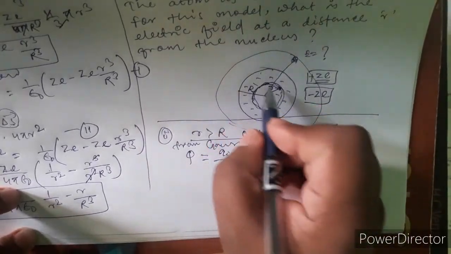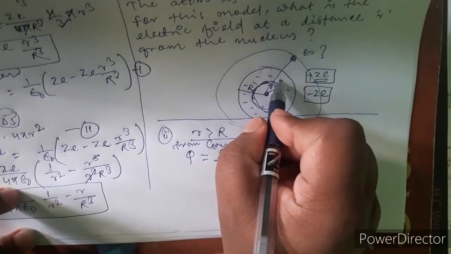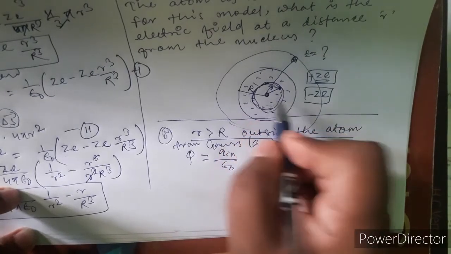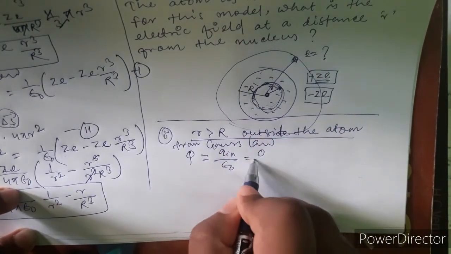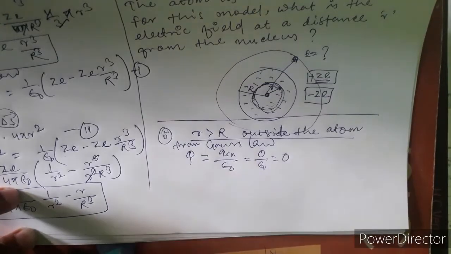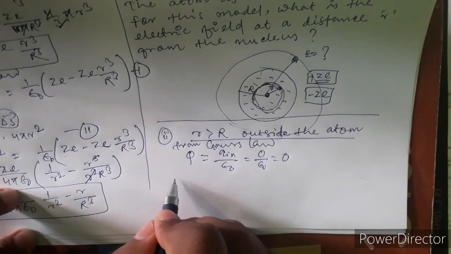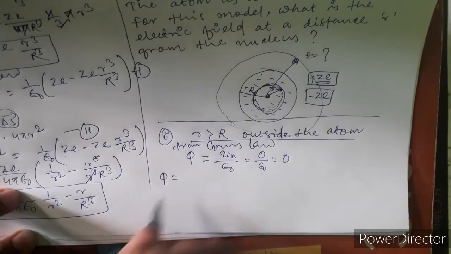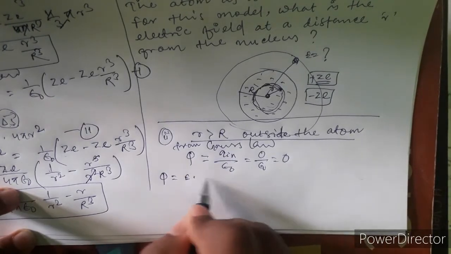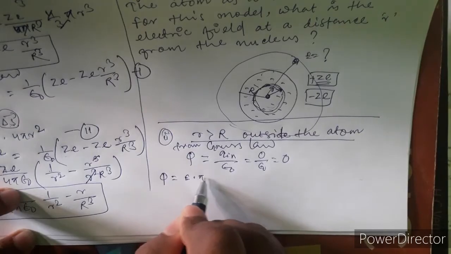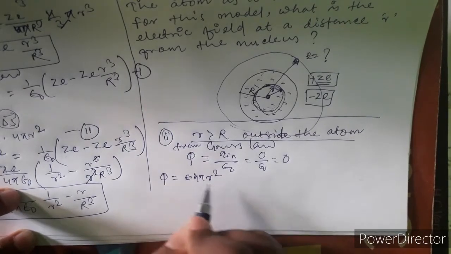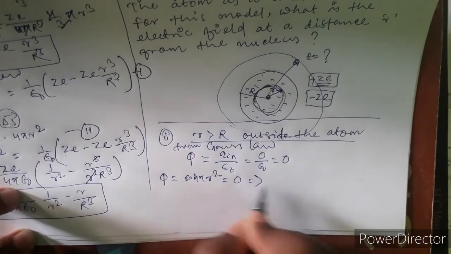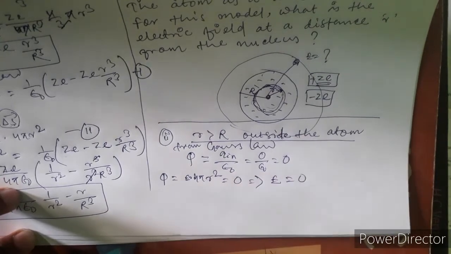So what is the total charge? Number of positive charge and number of negative charge are equal, so total charge is 0, so q inside is 0, so 0 by epsilon naught is 0. Okay, and from your basic definition of flux, that is equal to E into 4 pi r square, that will be equal to 0, or you can say E will be equal to 0.